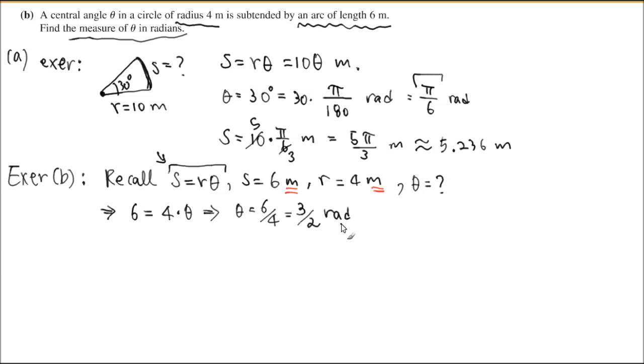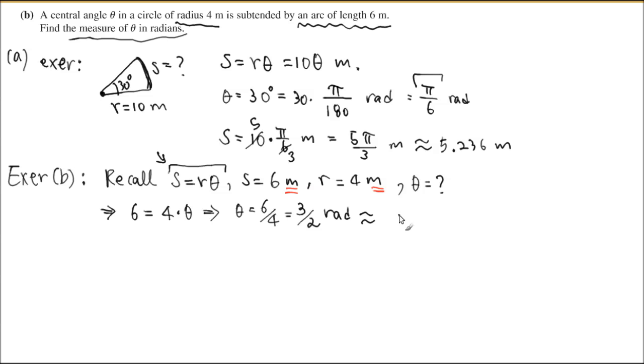But we want to know, here is a 10 and here's a 4 and 6. What is the actual angle? If you really want a sense of the shape of that sector, you want to convert this into degrees.